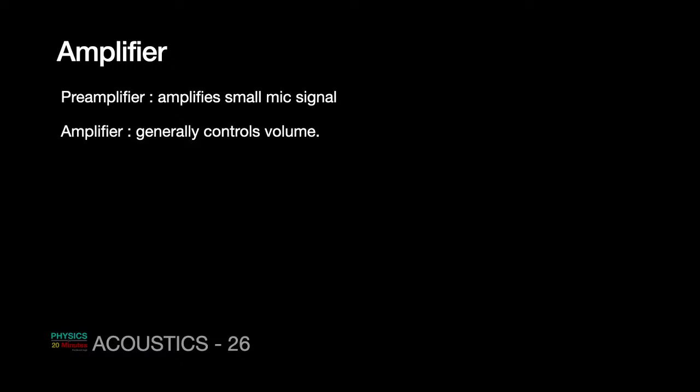It is different from another amplifier to which the user has access. In musical systems like TV, etc., the amplifier actually controls the volume. That's why loudspeakers typically are coupled with amplifiers. You increase the volume, you turn a knob on a small box.